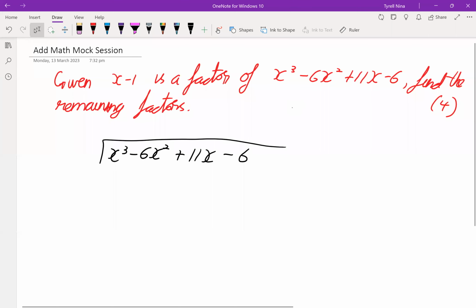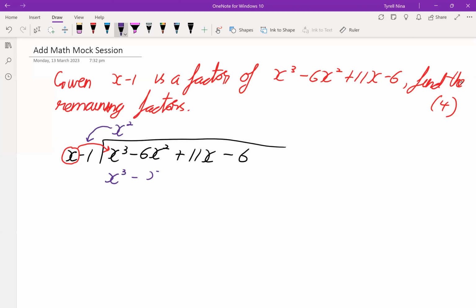Let's reset. Right, good. And then we'll put x minus 1. So just remember how to do it. We take this first term and put it into here. X into x cubed is x squared. Then we take this and multiply it by the whole term. X squared by x minus 1 is x cubed minus x squared.